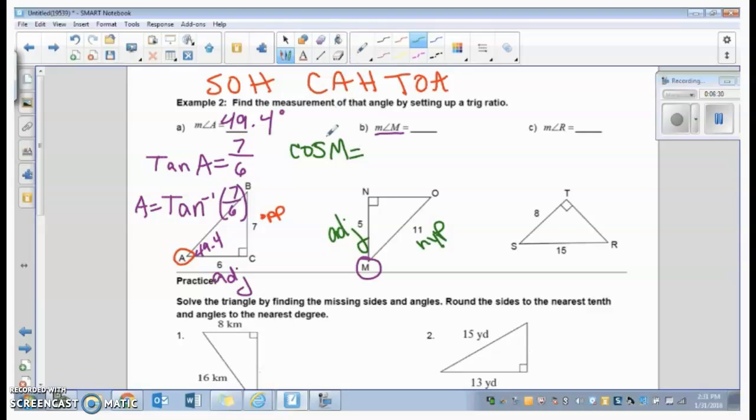So cosine of m equals adjacent, 5, over hypotenuse, 11.